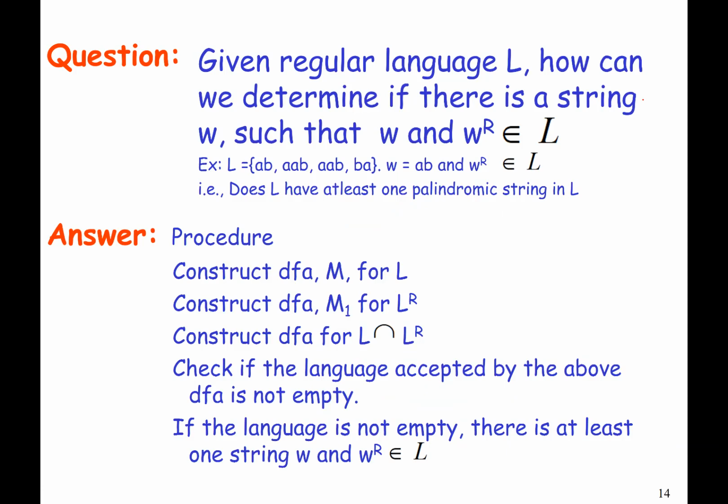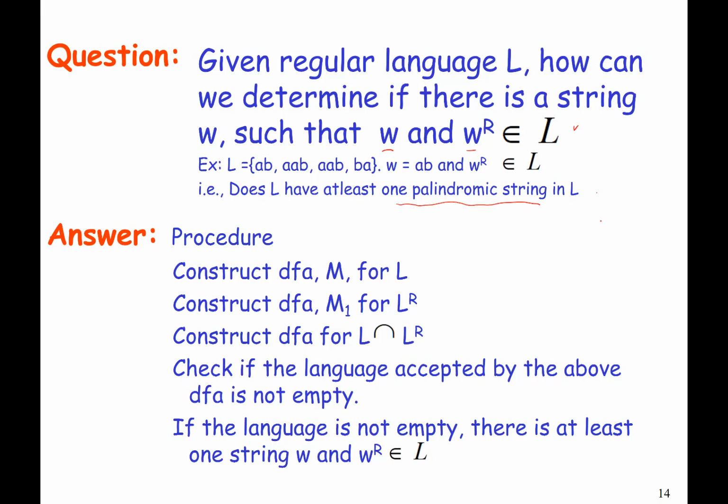Another question is, given a language L, does it contain any string W such that W and WR are both in the language L? That is, does this language contain any one string which is a palindromic string, where W and WR are both in L?